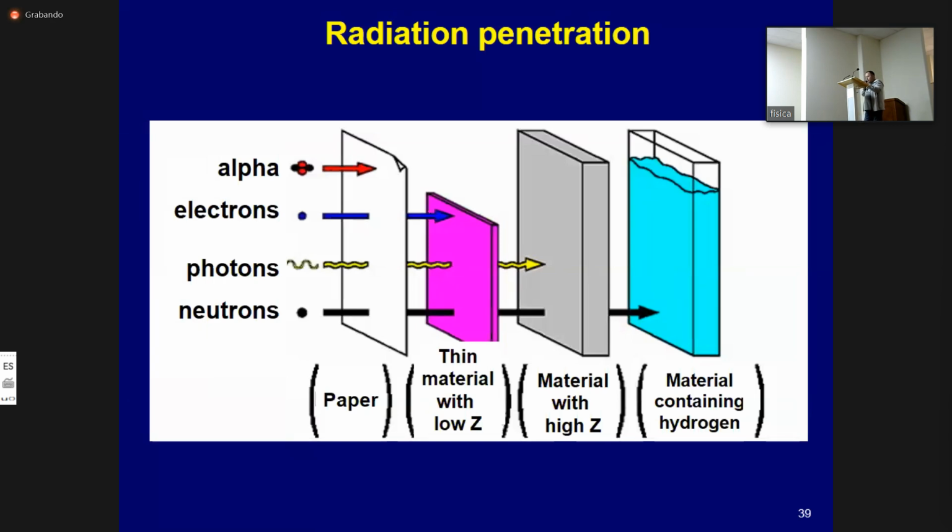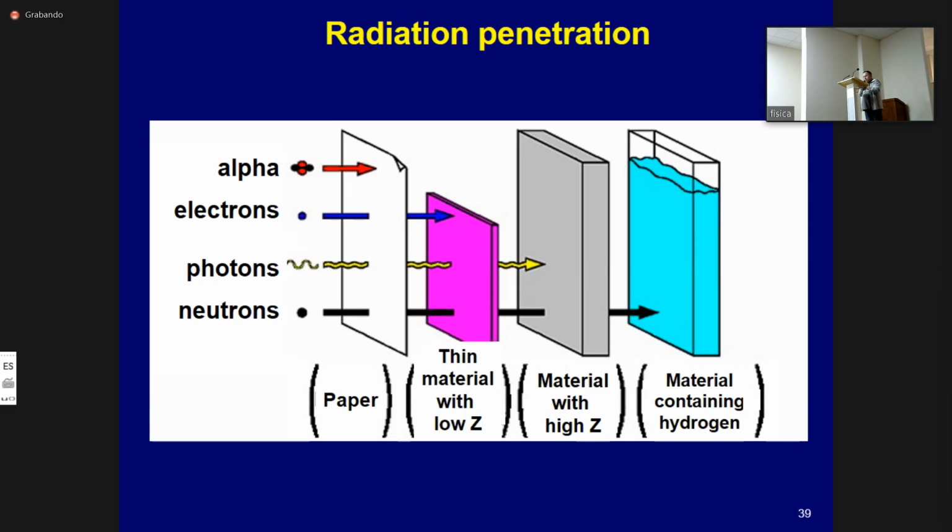The range of photons is many meters in the air and centimeters in dense material with high charge number. Thus, photons represent an internal and external danger for a person.